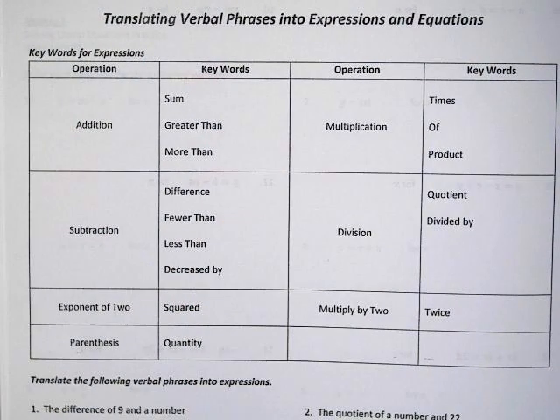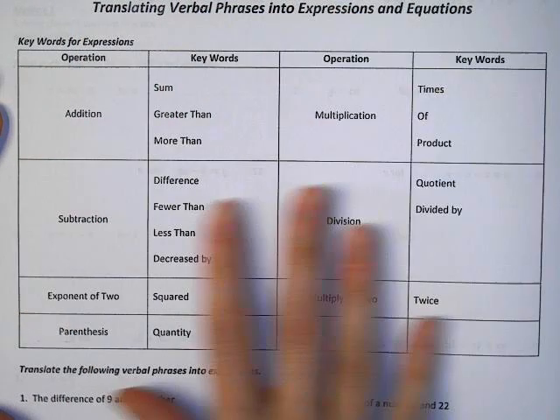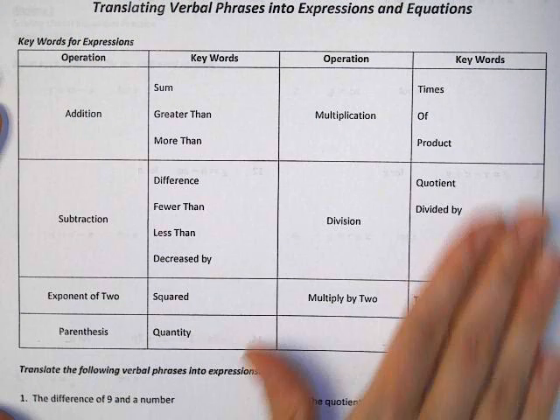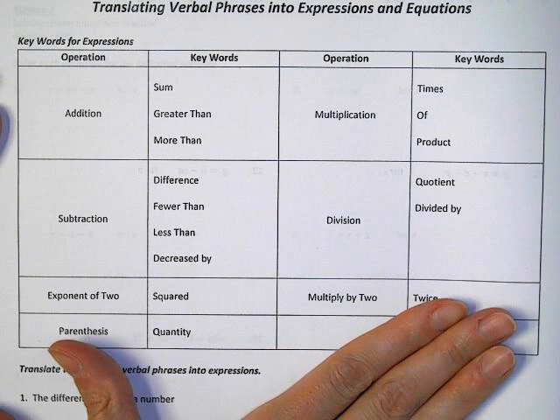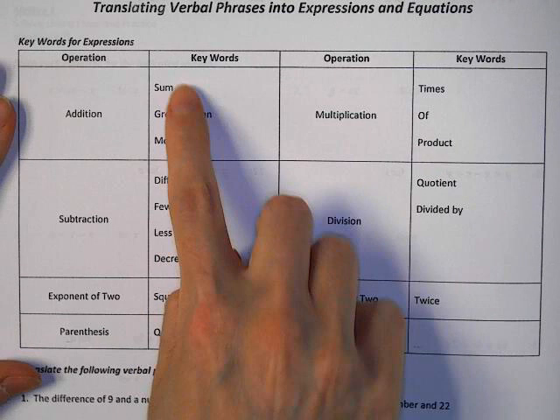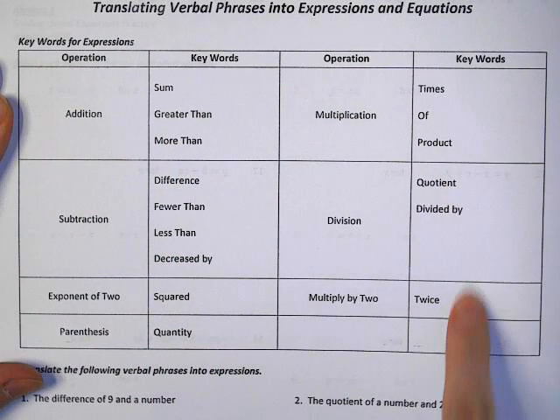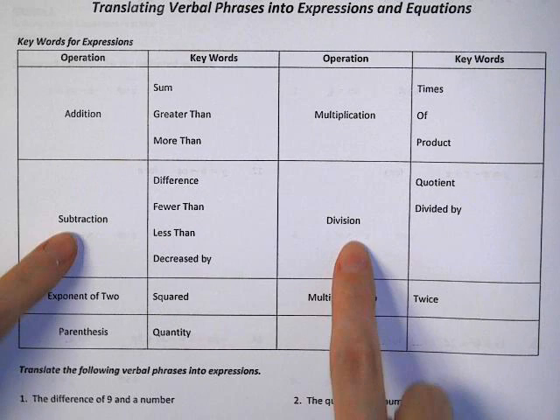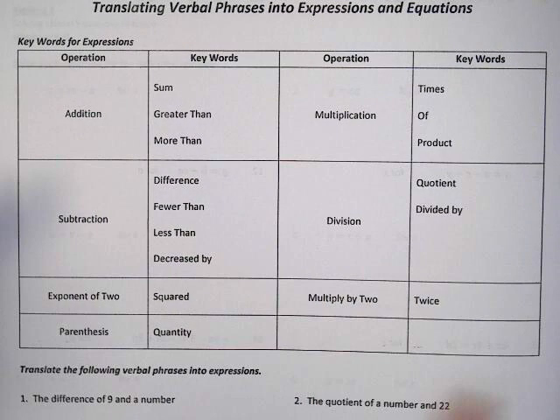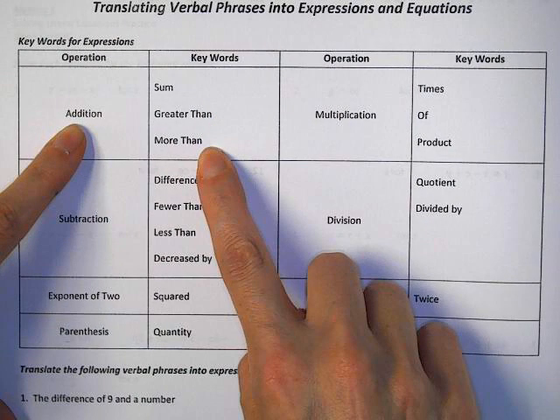So first, I want you guys to maybe pause the video and just look through all the key words that represent certain operations in math. When we start doing word problems or situations, if you start seeing any of these words, I want you to look at what operation they represent. So for example, addition would be like sum, greater than, more than.